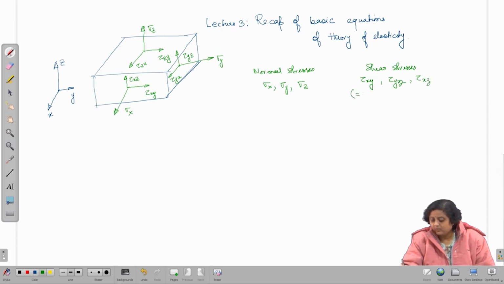Again, as we know, the complementary shear stresses are equal to each other.